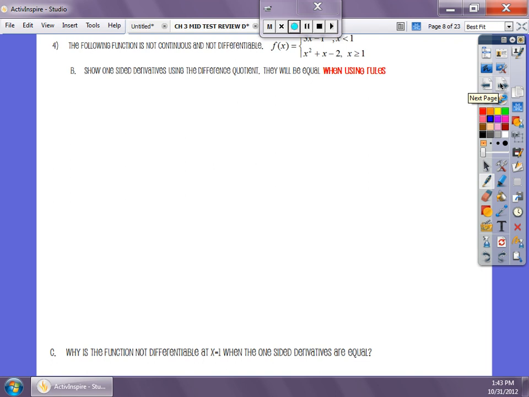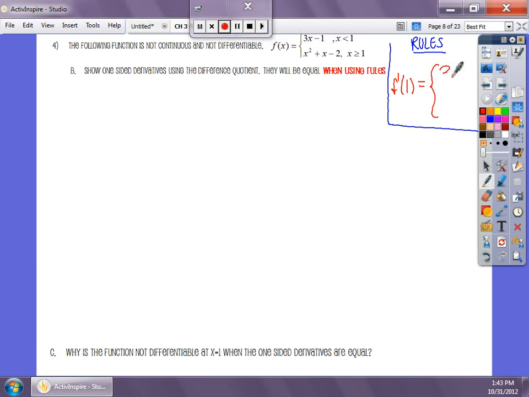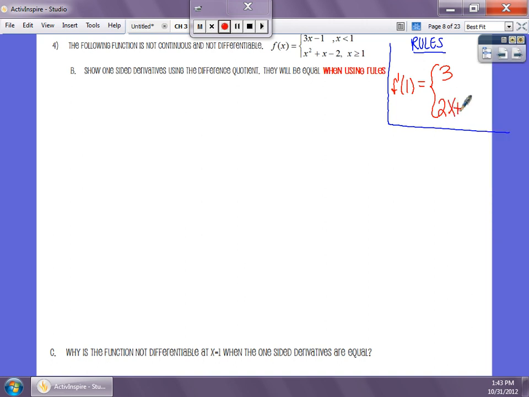Moving on, you get that it's not continuous, not differentiable. Show one-sided derivatives using the difference quotient. And before we do that, remember off to the side here, I actually found the derivative using rules. The rules would say that f prime of 1 would be, take the derivative of 3x minus 1, and that's 3. Take the derivative of x squared plus x minus 2, and that's 2x plus 1.